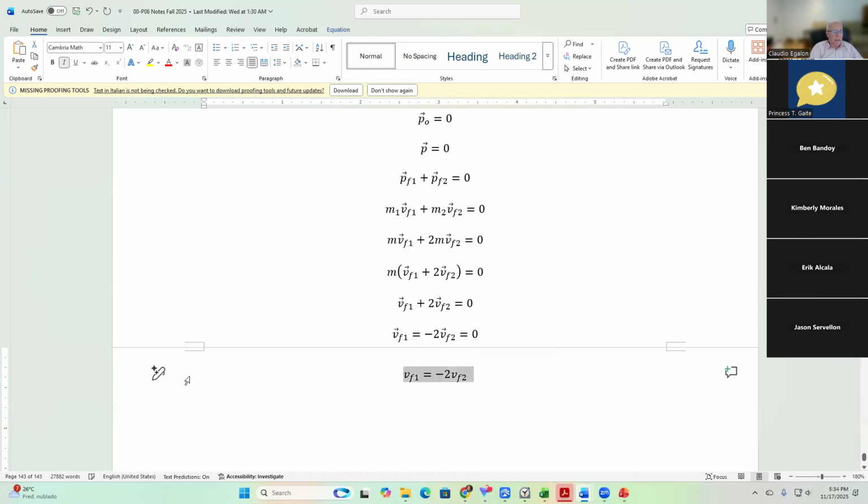What do we get? We get that this ratio now is going to be -2. What does it tell? It tells that the speed of mass 1 is going to be twice the speed of the second one.